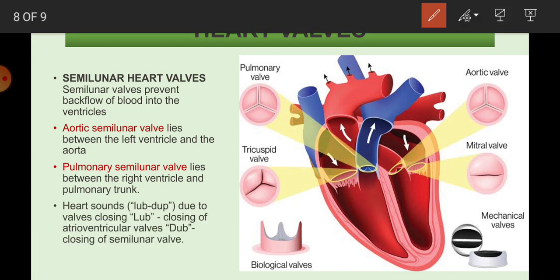The aortic semilunar valve is here, and it is located between the left ventricle and the aorta.